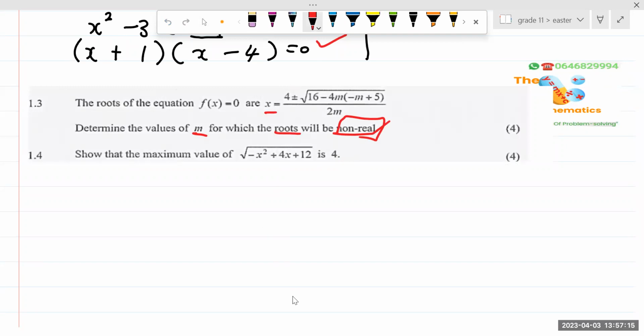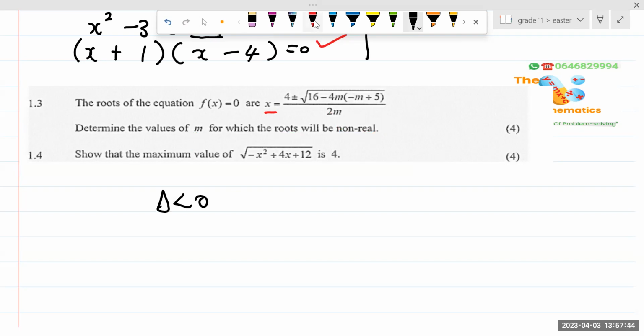It is less than 0. Okay, you are saying when we have non-real roots, it should be less than 0. We're going to say that our discriminant is less than 0.